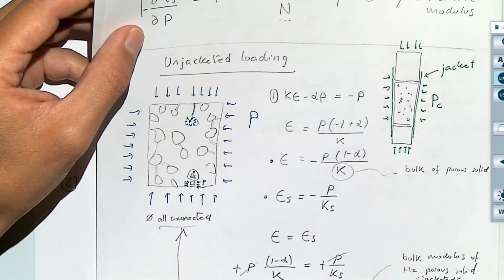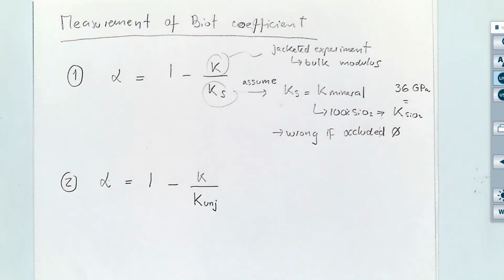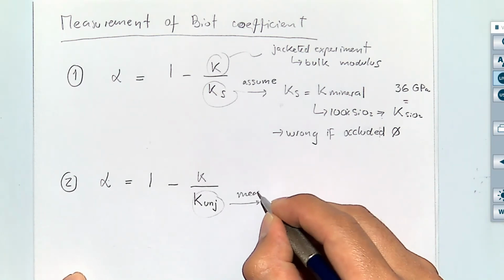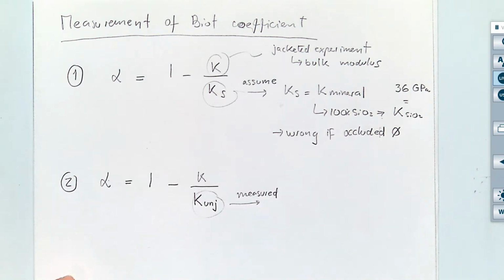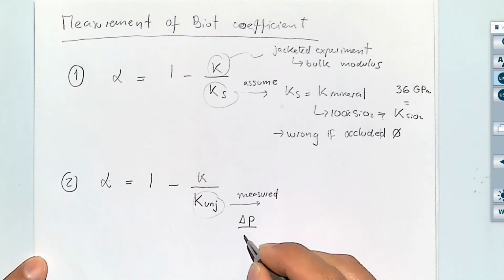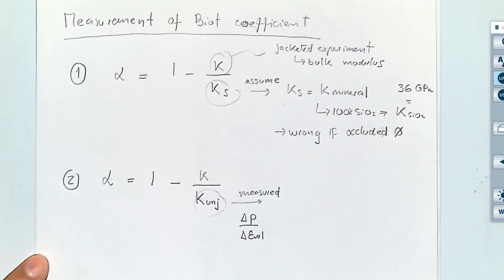And I'm not going to assume anything about whether there is occluded porosity or not. I'm just going to measure the change of volumetric strain and the change of pressure with the fluid.